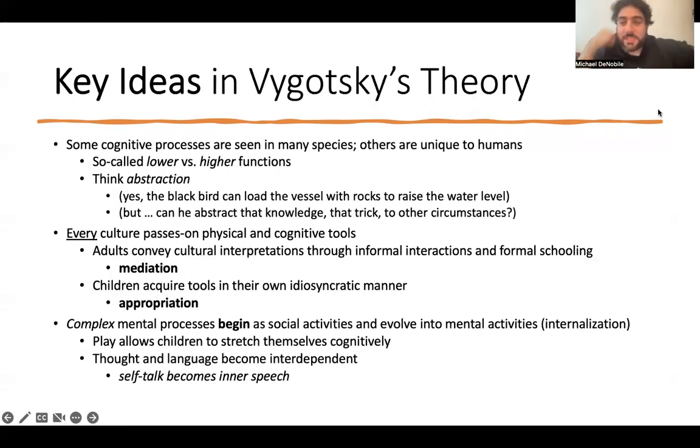Key ideas from Vygotsky's theories. Some cognitive processes are seen in many species. Others are unique to humans. These are the so-called lower and higher functions. A higher function would be abstraction. So, for example, a blackbird can load the vessel with rocks to raise the water level.